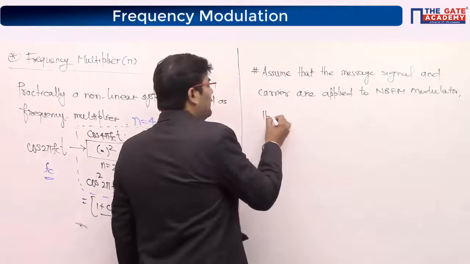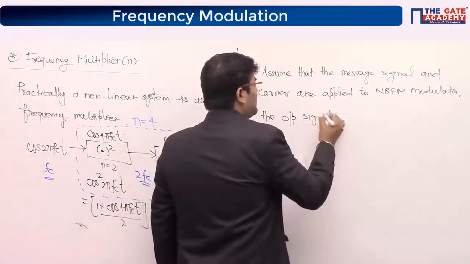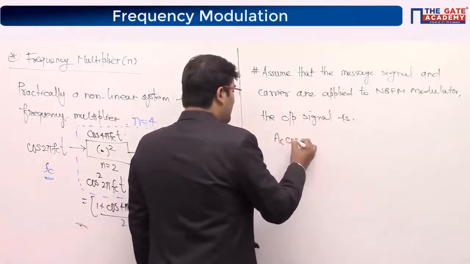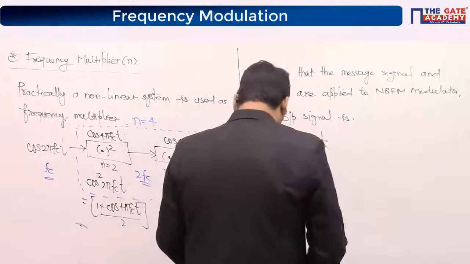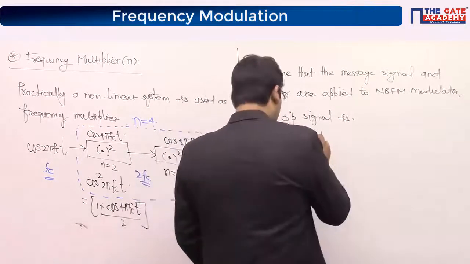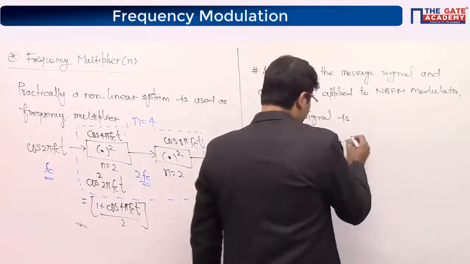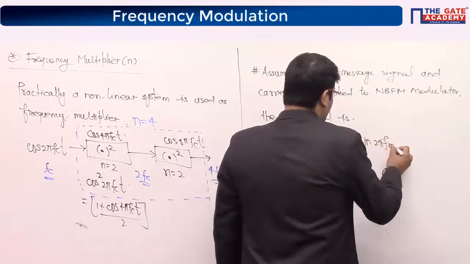The output signal will be a narrowband FM. So the output signal is this, which is what, guys? Ac cos 2πfct, and in the bracket you will write β sin 2πfmt.